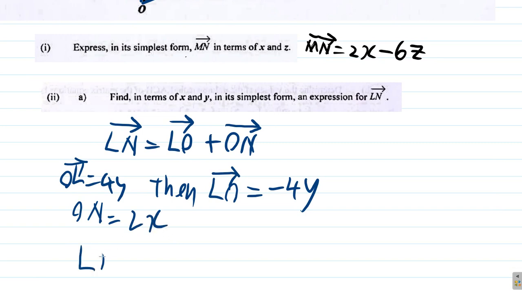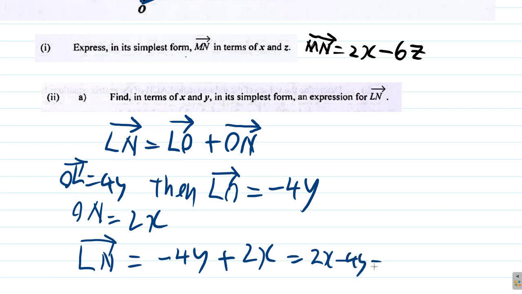So therefore, LN is equal to LO, which is negative 4y, plus ON, which is 2x. Okay. Well, that looks like it. And you can write 2x minus 4y, and factor out 2 and get 2 times x minus 2y. So, let's write it here.